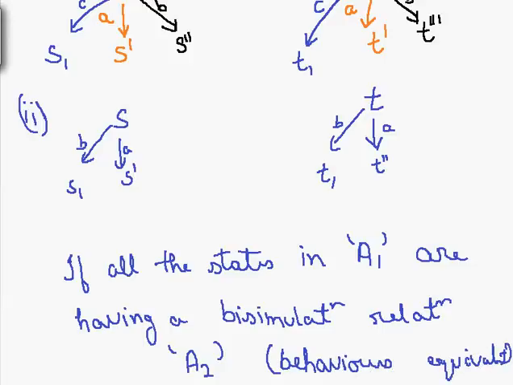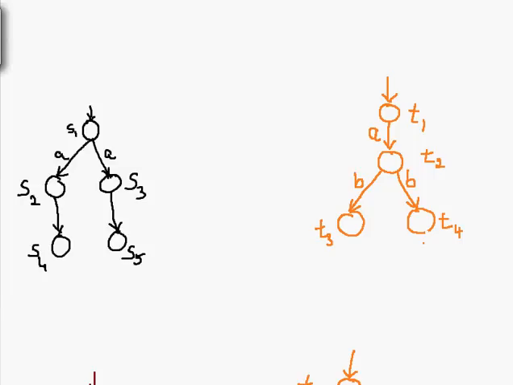Let me take an example for that. I've already drawn an example. Consider this label transition system. I will take this as A1 and this as A2. Tell me whether these label transition systems give the same behavior. Oh sorry, I have left two things.